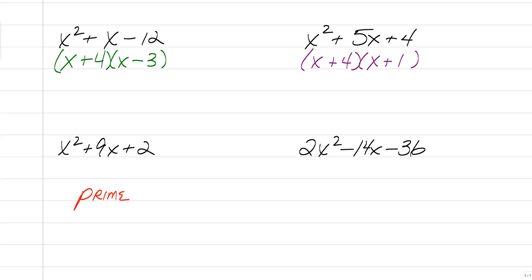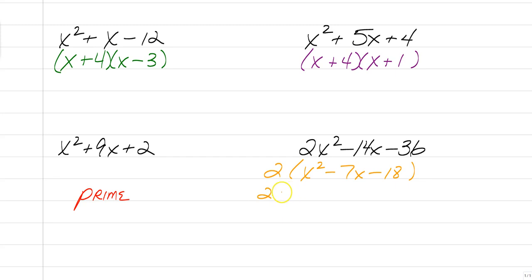Now the second one is actually a two-step problem. If you go back to our last video on factoring, you first learn how to factor out a GCF. So the greatest common factor of 2x squared, a negative 14x, and a negative 36 is a 2. And what happens is you are left with an x squared minus 7x minus 18 on the inside. So then you need to factor the inside, and only the inside.